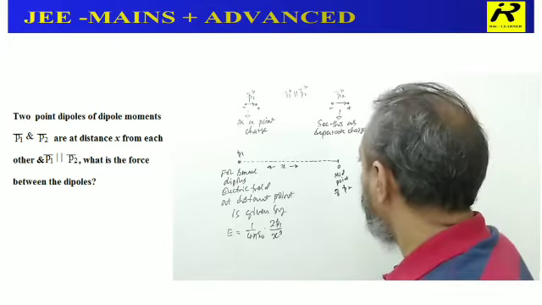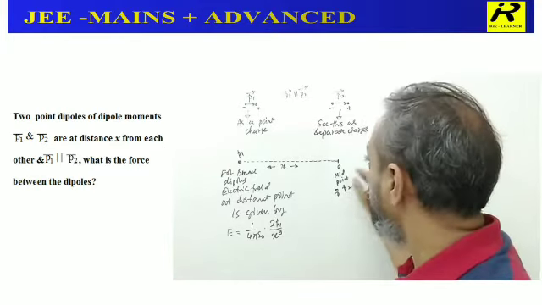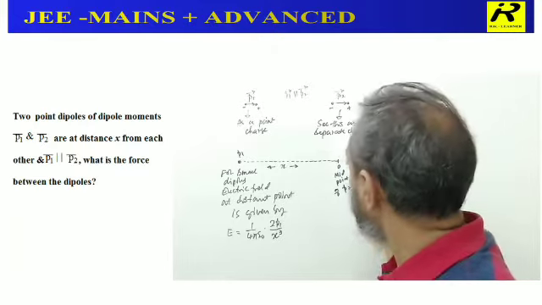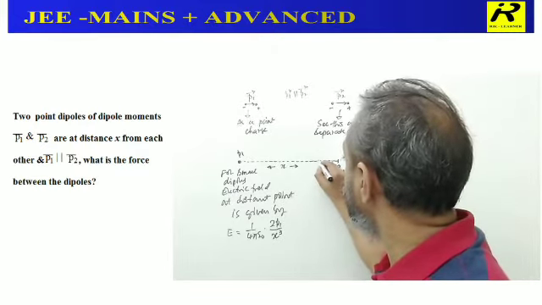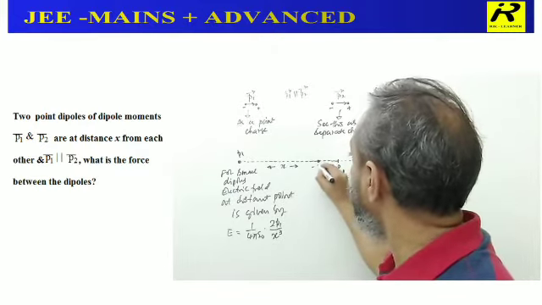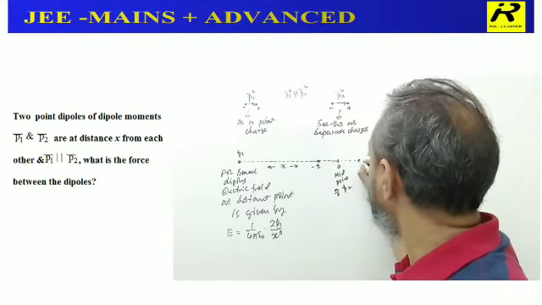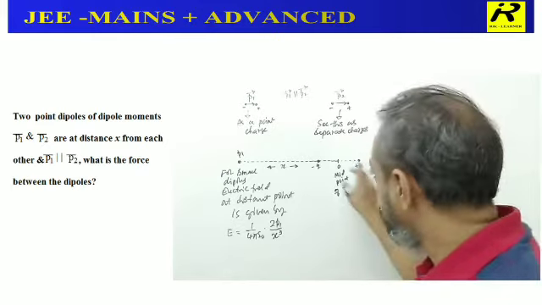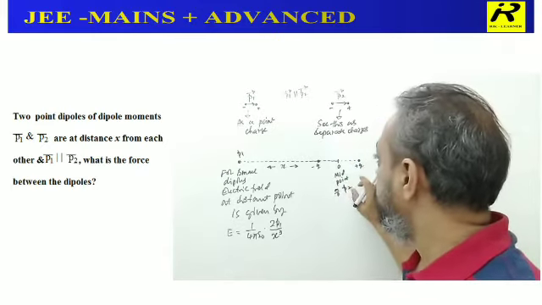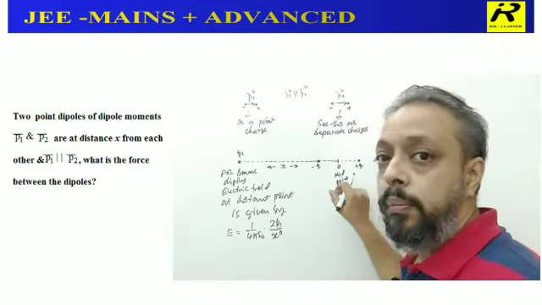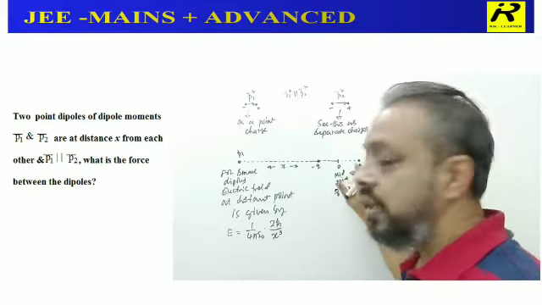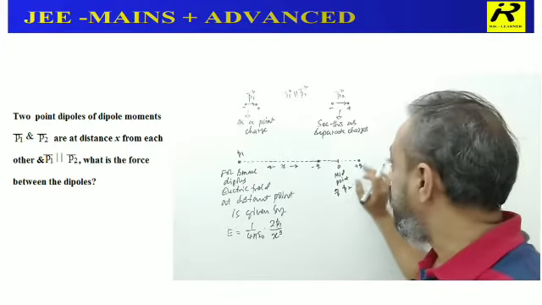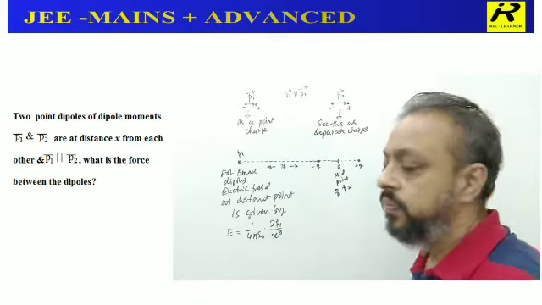Now, the two point charges of the second dipole: one is here, say minus q, and one more is here, which is plus q. Although this is a tiny dipole, I made it bigger only to observe what is happening here.